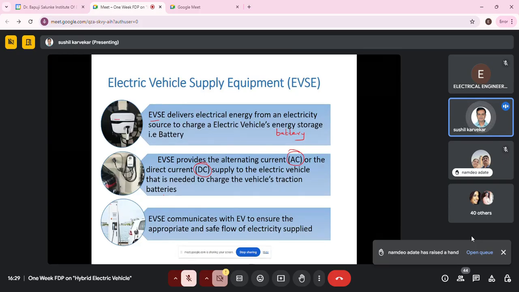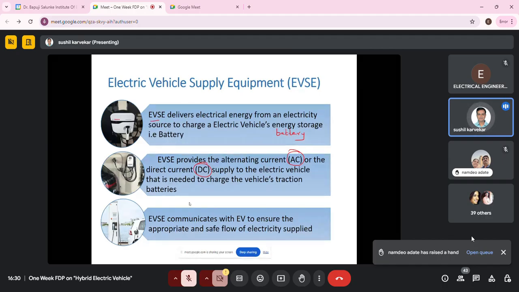The third point about EVSE is regarding communication. The EVSE also plays a very important role in communication. It establishes a steady communication between the battery system or the BMS of the vehicle and the power source present at the charging location.